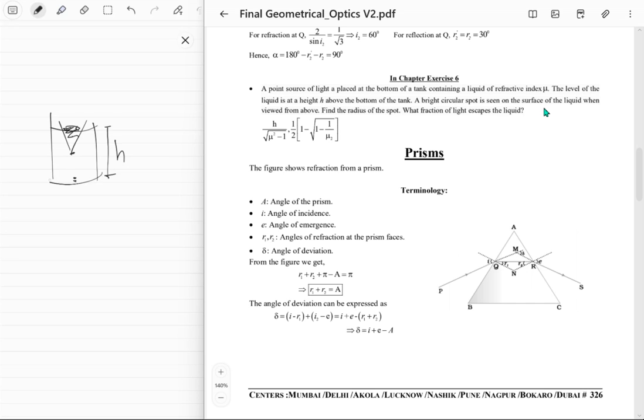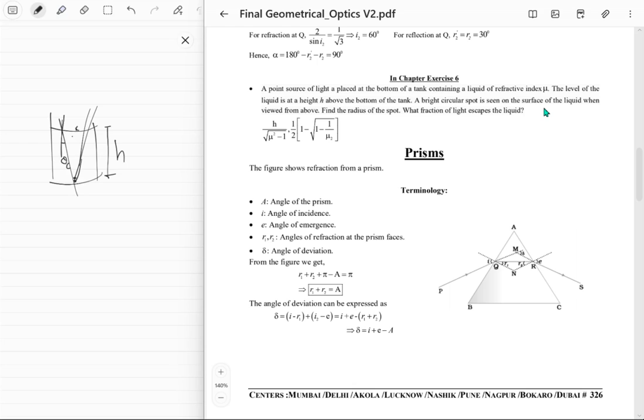Actually, you don't even need to figure out what the image is and what's actually happening. All you need to do is find the region in which it will let light escape, right? So this angle is theta critical now. And what's theta critical? It's going to be, of course, sine inverse of 1 upon mu, right?